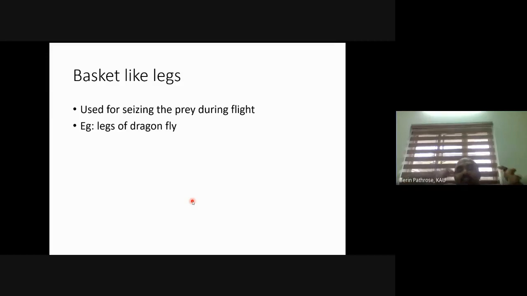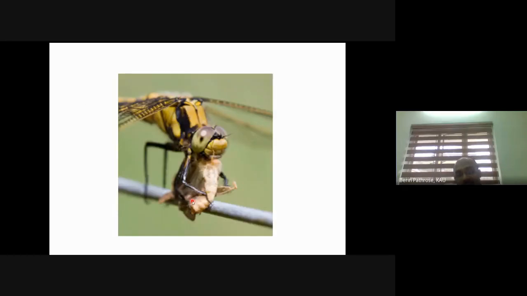All the legs, the three pairs of legs, can form a basket beneath the thorax, and with that basket kind of legs, it can lift anything. We usually ask them to lift small pieces of stones, but mainly it is used to capture the prey while it is flying. See this dragonfly.